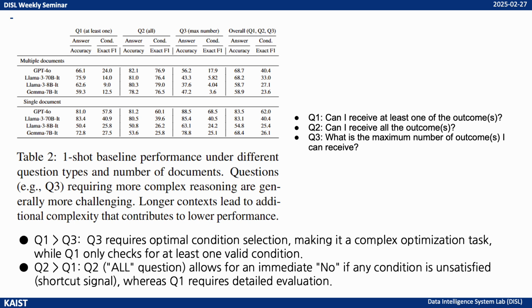But more complex tasks, such as whether at least one condition is met and how many can be met, require detailed optimization, or detecting contradictory conditions shows lower scores than the simpler one.